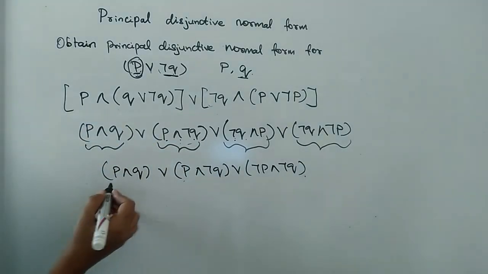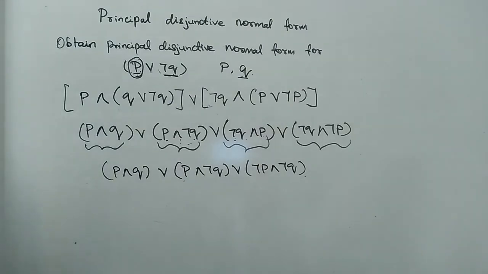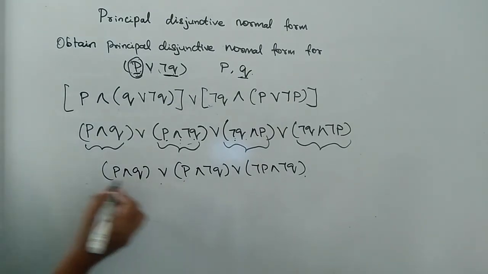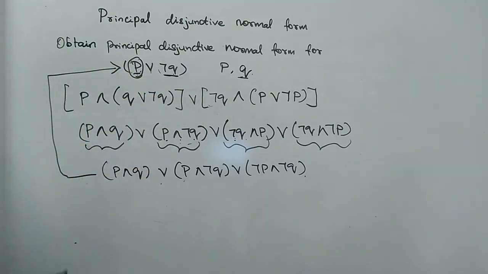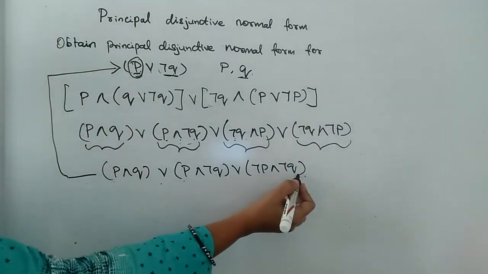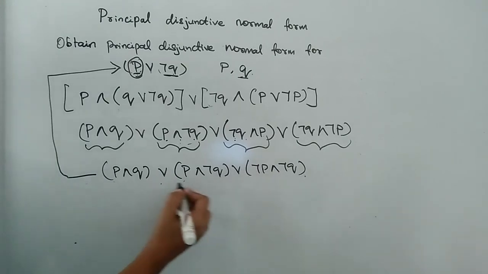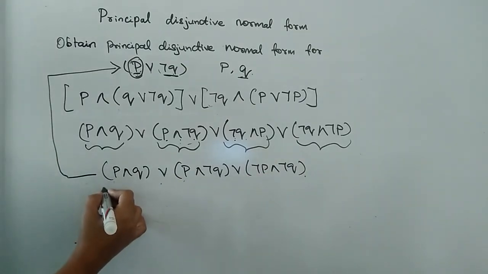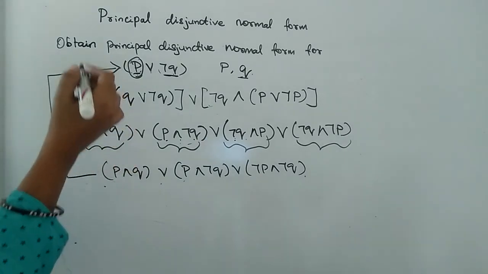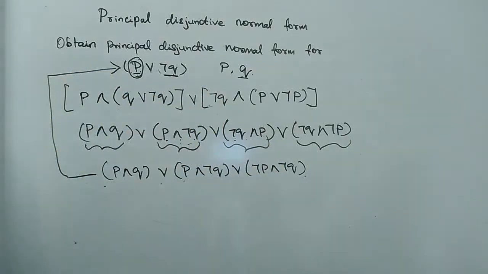So when you look at this expression, this is an equivalent formula which we have traced for this formula, and when we consider this formula, it is in terms of disjunctions of min terms only. Hence, we can call this a principal disjunctive normal form.